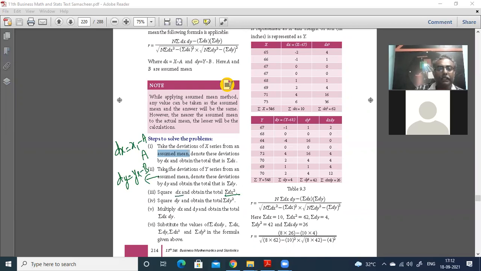Every dx you keep squaring, then finally you add and sum, you will get sigma dx squared. Same way square dy, then at the last column get sigma dy squared. Then what you have to do: multiply dx and dy. That is a separate column given here: dx into dy.